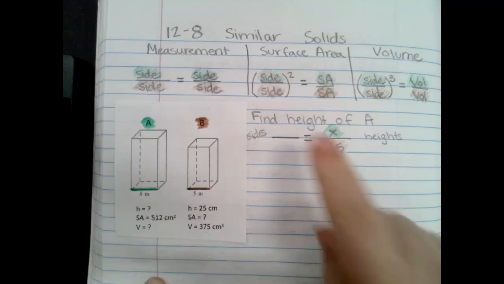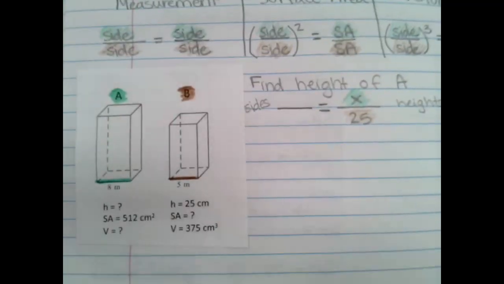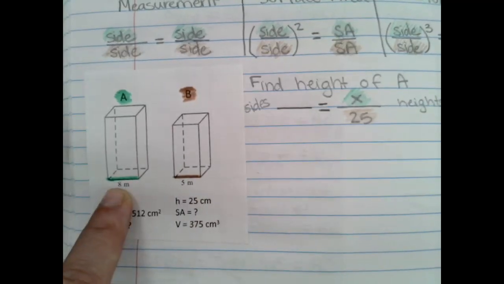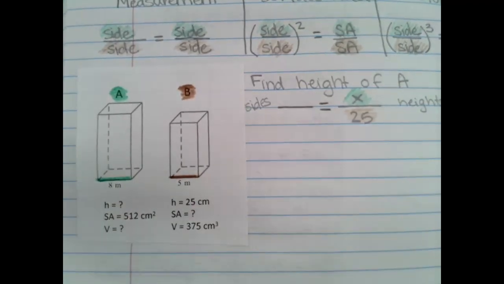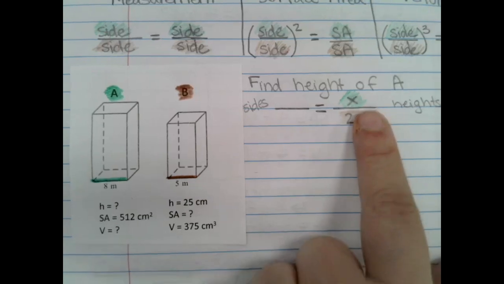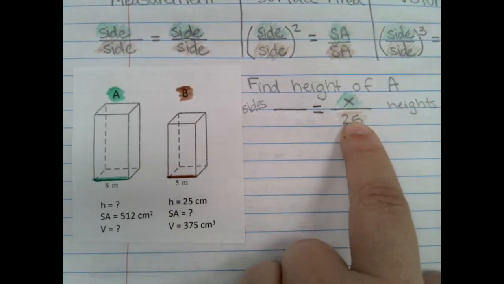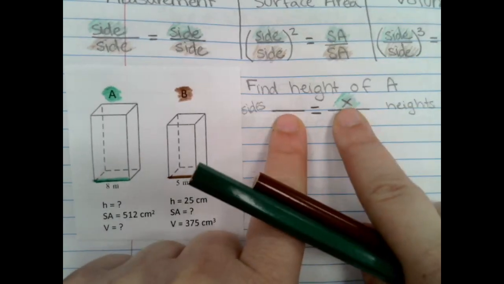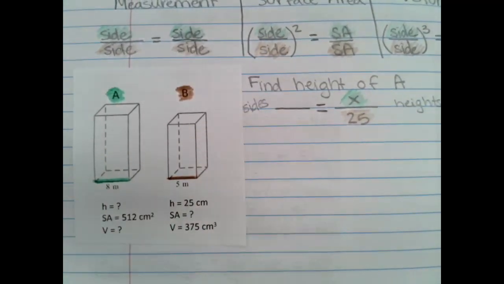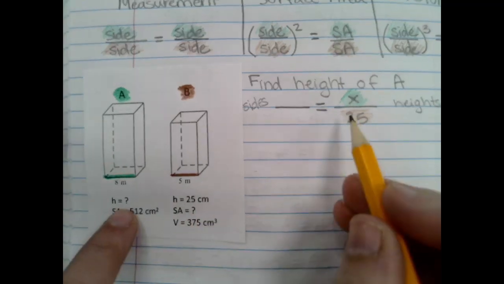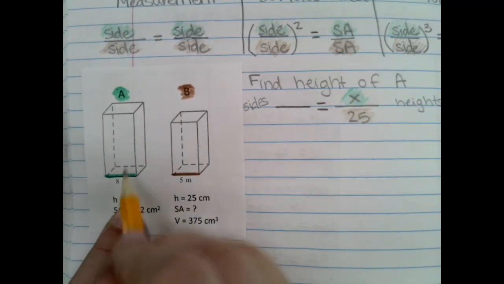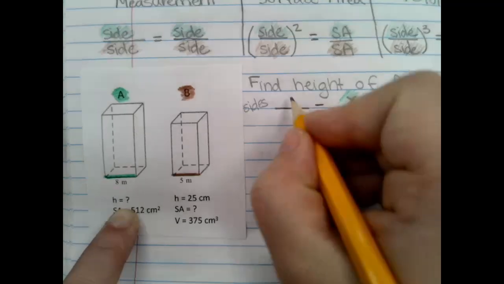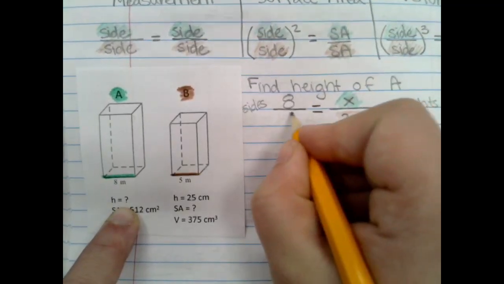Now for my sides, it really matters which one goes on top and which one goes on bottom. Is it going to be 5 over 8 or 8 over 5? It's going to be based on this ratio here. We have x over 25, so we need it to match. What side matches with x, the 8 or the 5? Our height that we're missing goes with A, so it will go with 8. Yep, so 8 over 5.